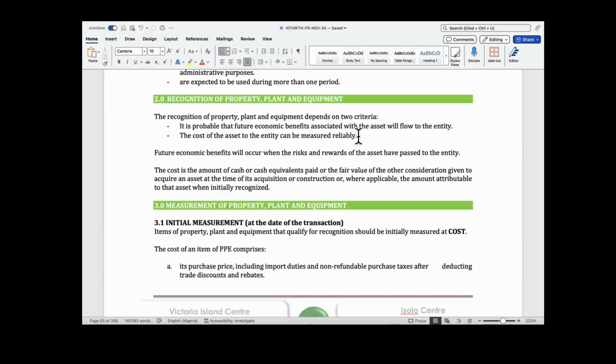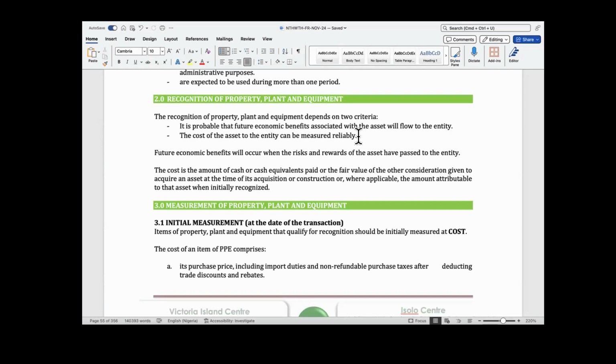You have heard of that before when I was defining asset. Then you would get future economic benefit from that asset. The easiest way to put it is that it would either make money for you, save you costs, or improve your operations. Future economic benefit is in various forms.